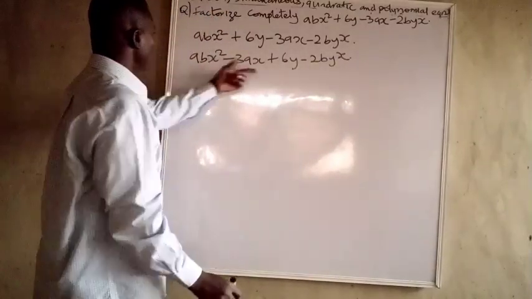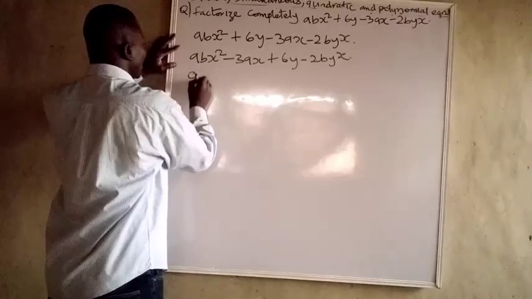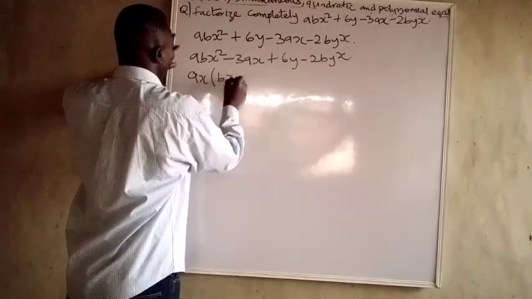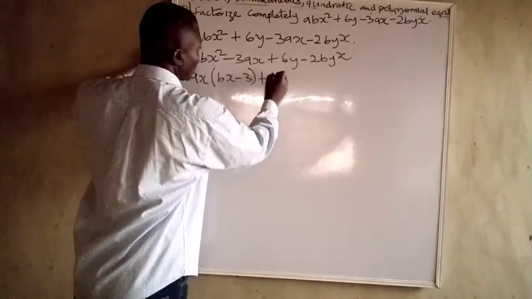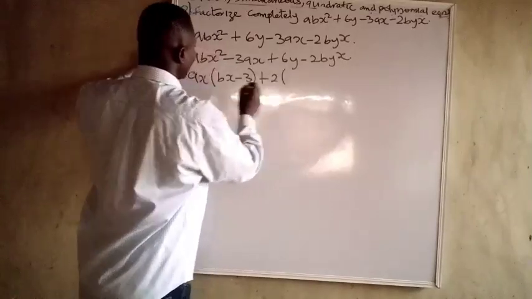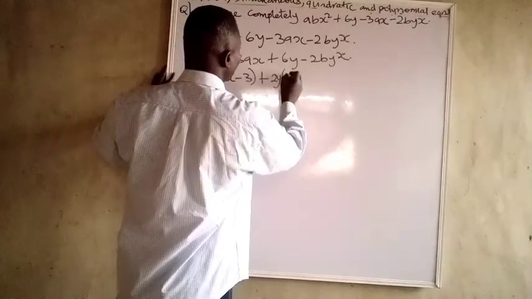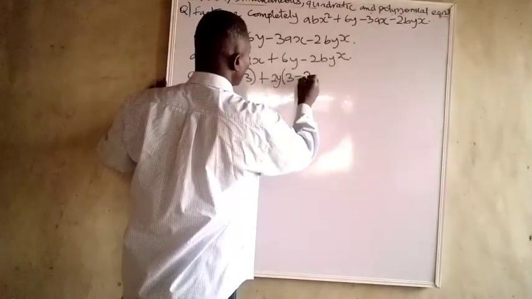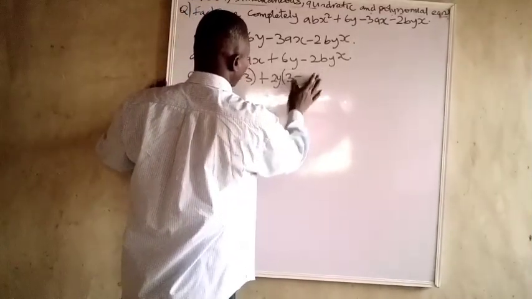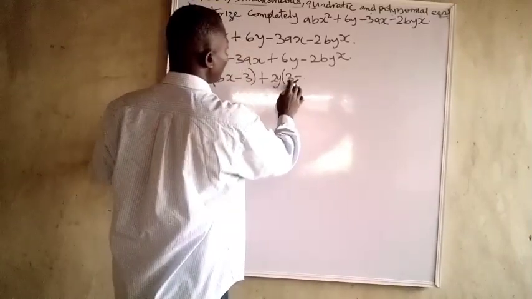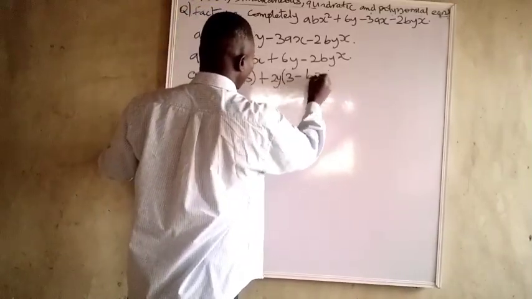So we have the terms of ax here. So we have ax into bx minus 3, plus 2y into 3 minus bx.